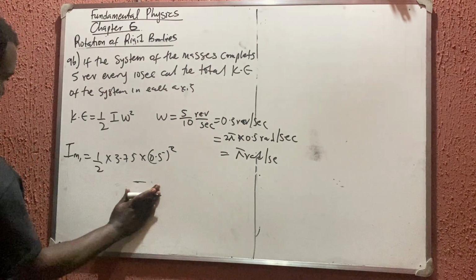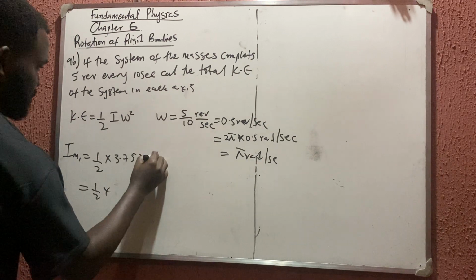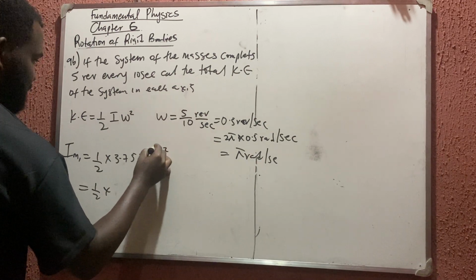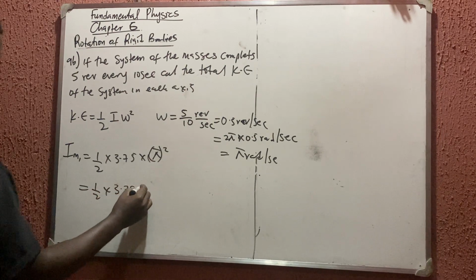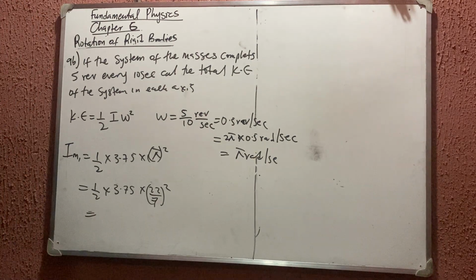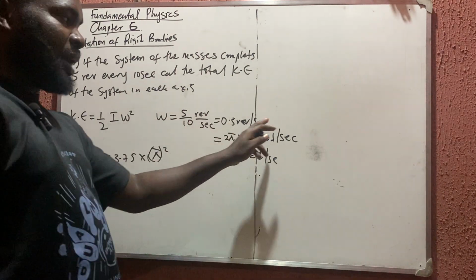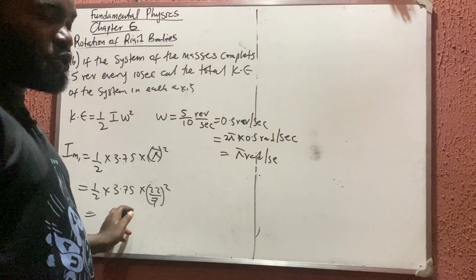So let me use that here. So 1 over 2 times 3.75, and instead of using this, I'm going to use pi squared, which is 22 over 7, all squared. Because this one is revolution per sec, you need to change it to rad per sec so that you can get the answer in joules.